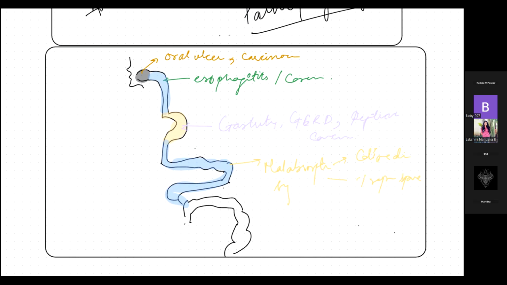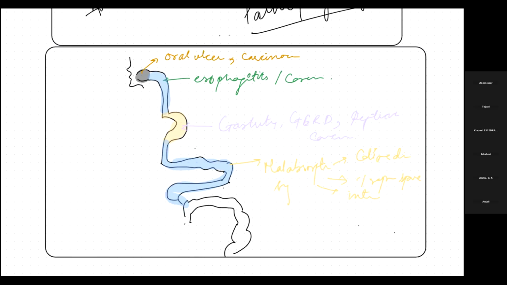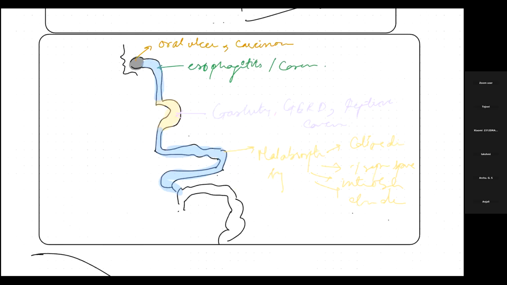Then intestinal obstructions, as well as Crohn's disease. So these are the range of diseases we can expect in this intestinal region.